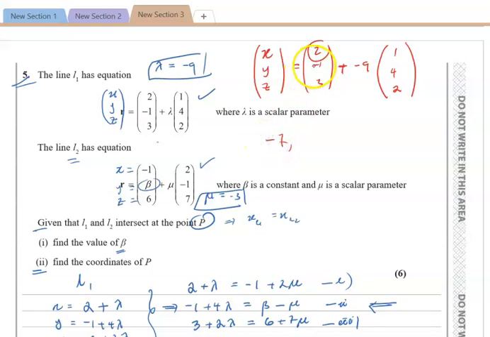Then the next one is minus 1 plus minus 36, so minus 37. Then you have 3 plus minus 18, which is equal to minus 15. That's your point P. Thank you.